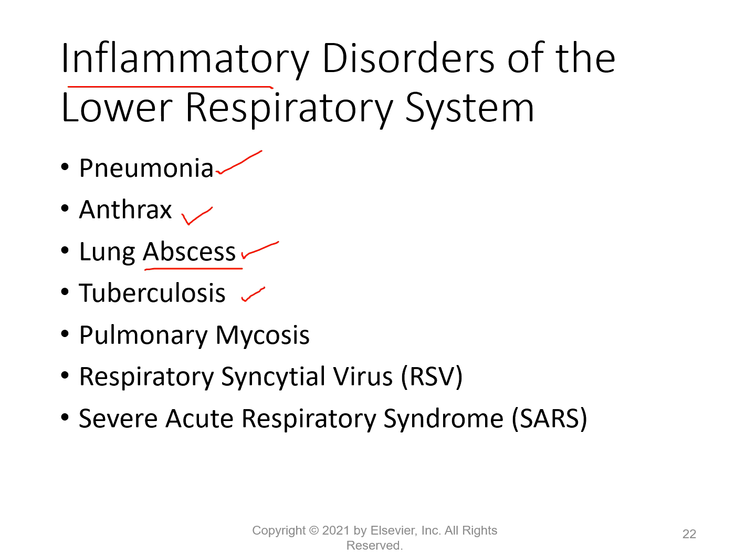Tuberculosis, the tubercles of tuberculosis would be the antigen. Pulmonary mycosis, the chemicals would be an antigen, and then RSV would also be a viral antigen. And acute respiratory syndrome could be caused by a number of different things as the antigen.